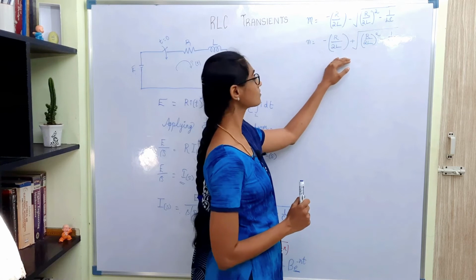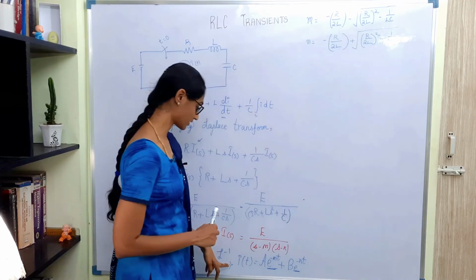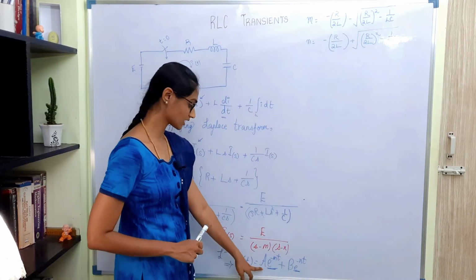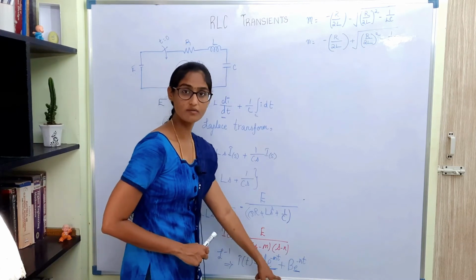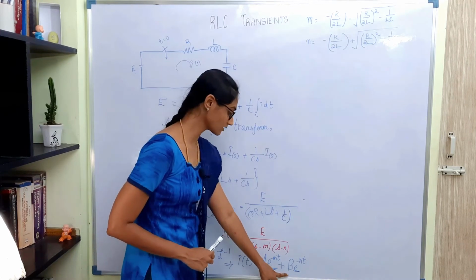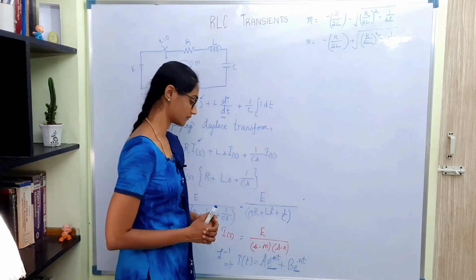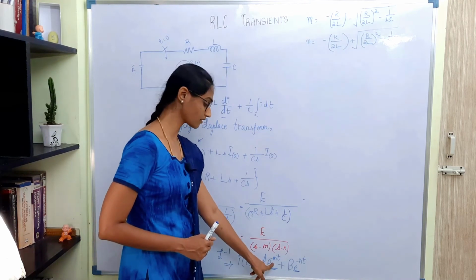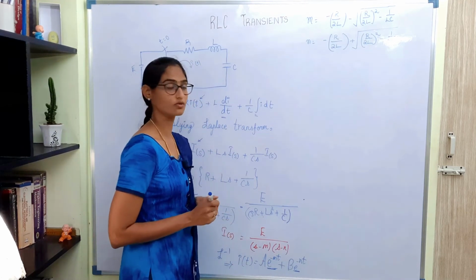So these are the two roots of the response I of t, where I of t is a constant times e to the power minus mt plus another constant times e to the power minus nt. The values of e to the power tell us how the response is going to be.